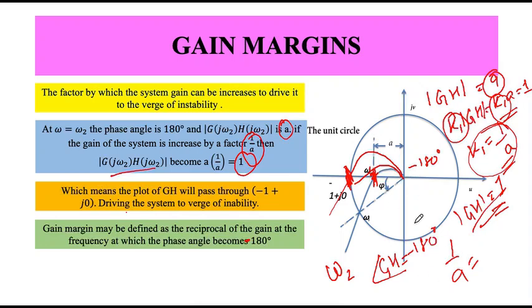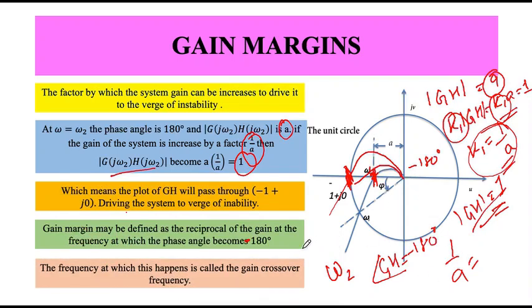The frequency at which this happens is called the phase crossover frequency. Not gain, it's the phase crossover frequency. So omega 2 is my phase crossover frequency, and the gain margin here is 1 by A.